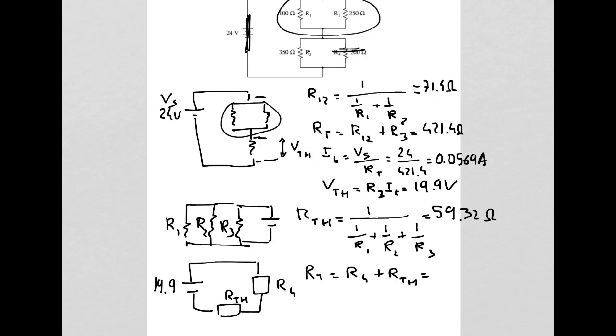Okay, so that's 259 ohms. I is VTH, not VS, VTH over RT. Okay, so this is 19.9 over 259.